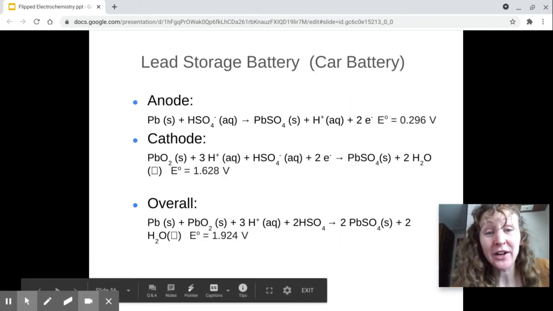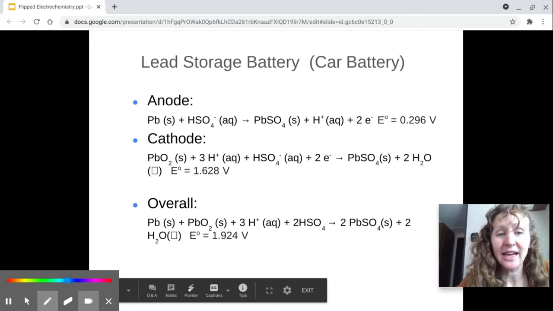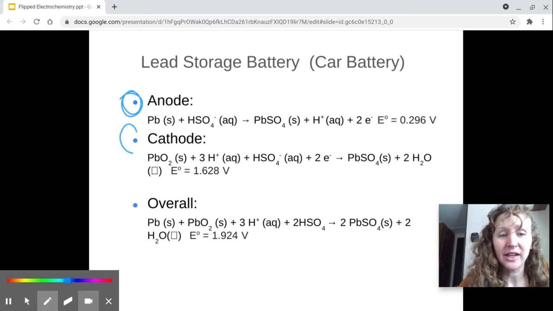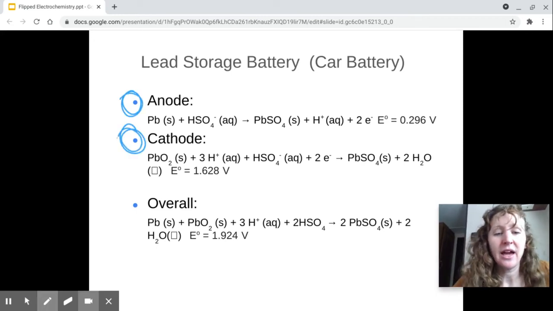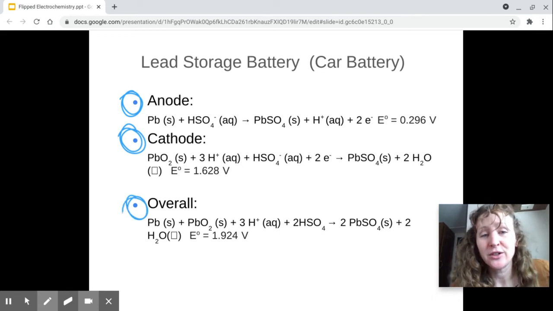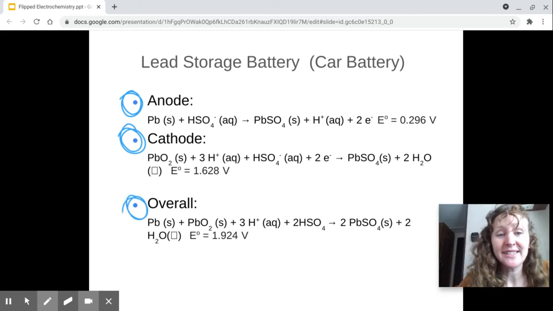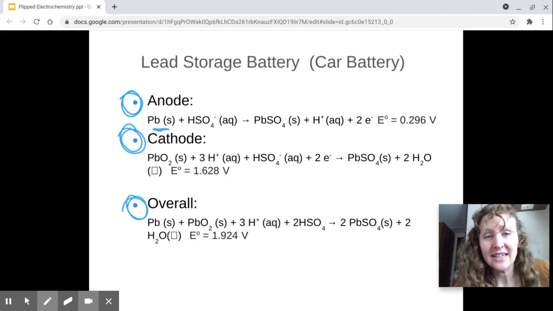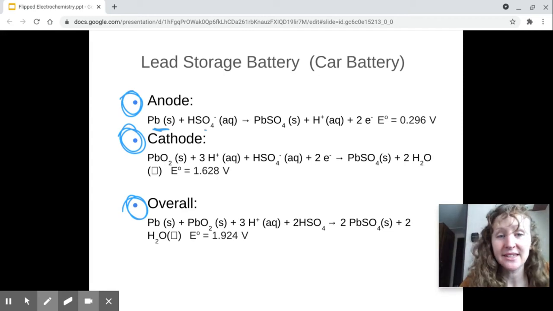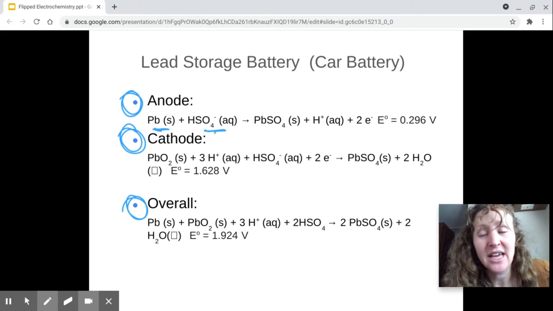Lead storage batteries are the same. They have an anode, they have a cathode, they have an overall reaction. Now, in lead storage batteries, the anode is lead, and this reaction has to happen in an acidic environment, and the acid that's present is sulfuric acid.